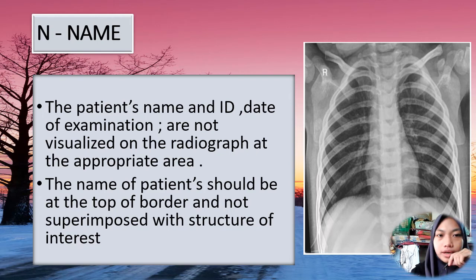N for name. First, the patient name and ID, date of examination are not visualized on the radiograph at the appropriate area. The appropriate area for name should be at the top of the border and not be superimposed with structure of interest.